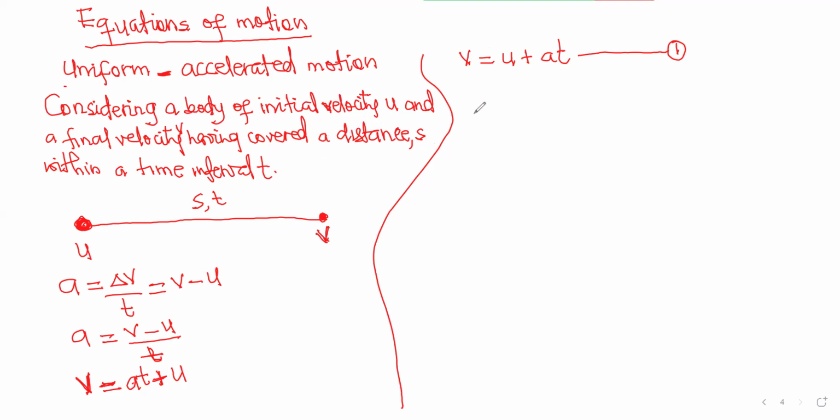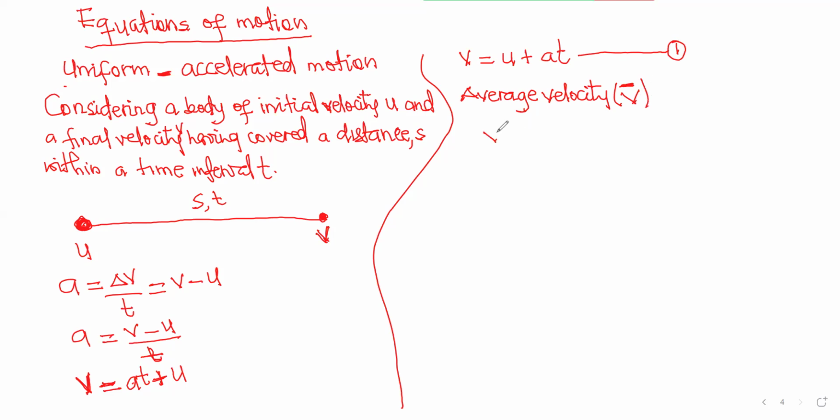Now, if we want to find the average velocity of the body, we are interested in the average velocity. Average velocity means the effective velocity during the whole motion. This can be shortened as v with a bar on the head, or just v subscript av, average.